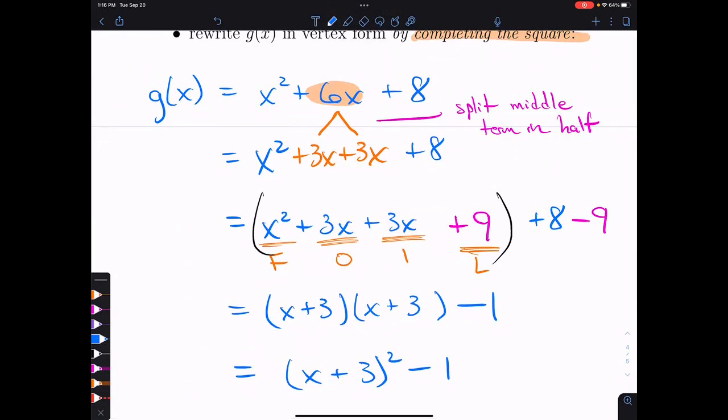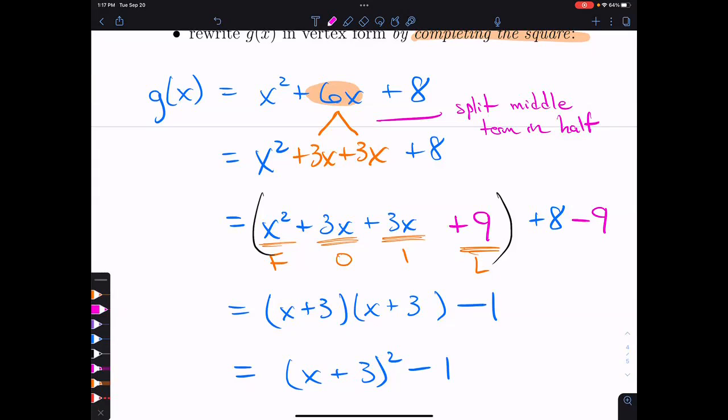Another way to do it, and this is what a textbook is going to say, is take b divided by 2, square that, so you get b squared over 4, add and subtract that in. That gets you to the same place, but to me, it's easier to think about where things are actually coming from, and you get more out of it if you can see what's going on. But again, whatever makes sense for you. So split the middle term in half.